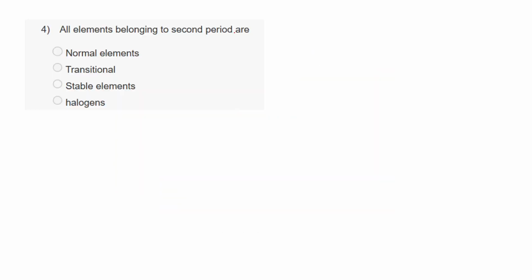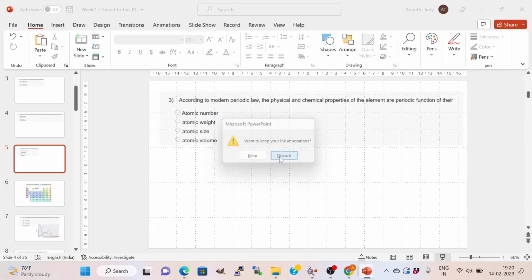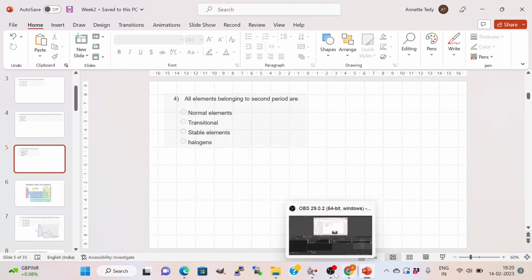Okay. Next question: all elements belonging to the second period are. Before that, I just want to ask some straightforward questions. How many periods are there in the periodic table, and how many groups are there? Please put it in the chat box.